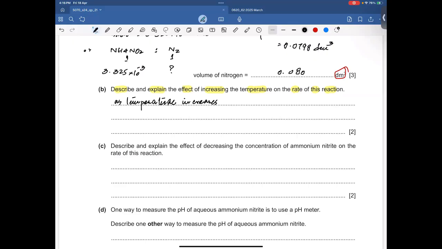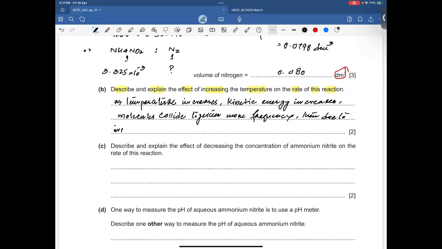So as temperature increases, kinetic energy increases, molecules collide together more frequently, and due to the increase in collision frequency, the rate of reaction increases.